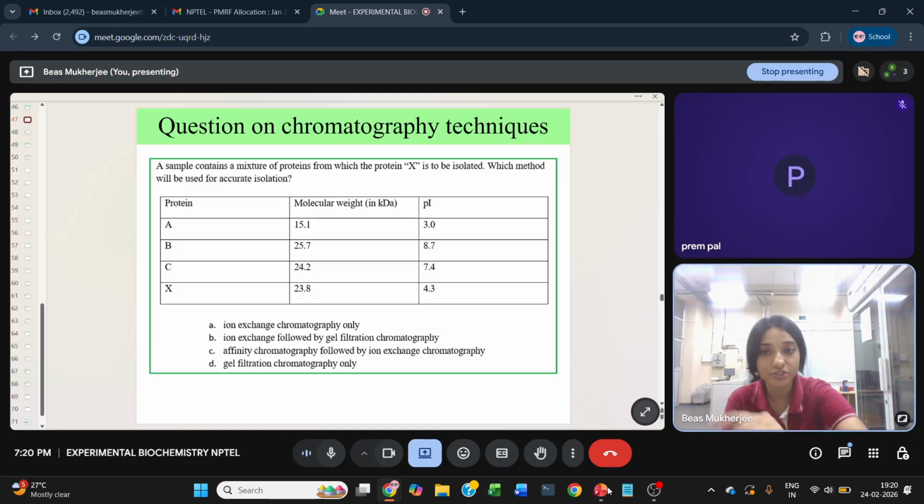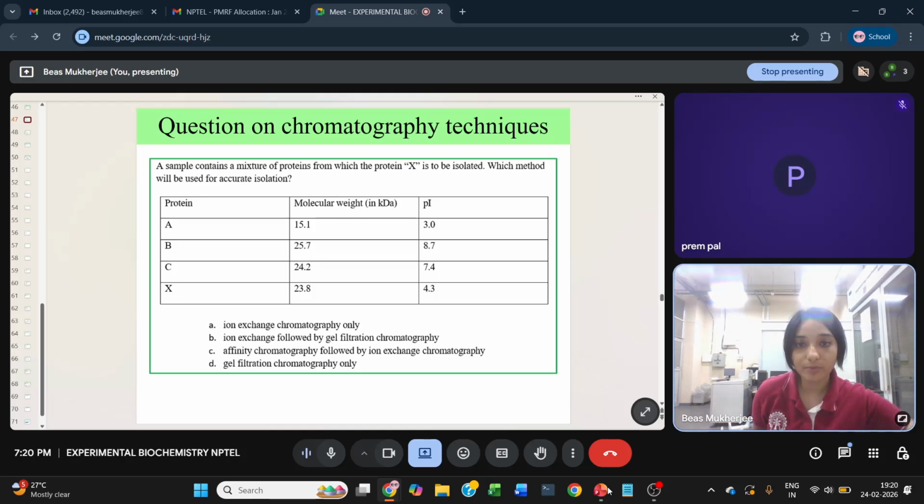So which of these options would be the right option? Ion exchange chromatography only. Ion exchange followed by gel filtration chromatography. Now X is, see, you can see that three of them have molecular weights very close by. Correct.